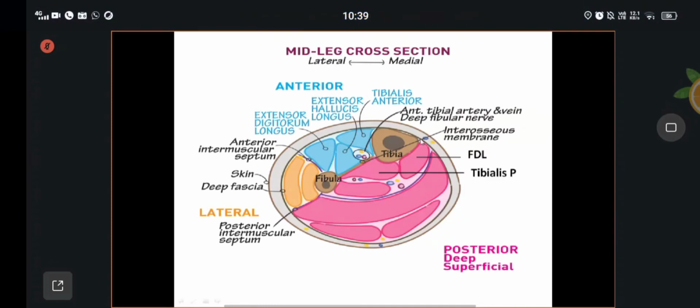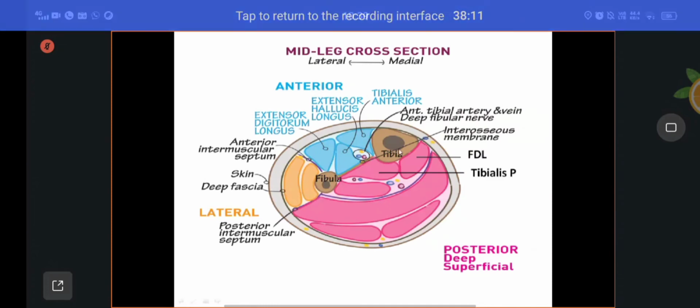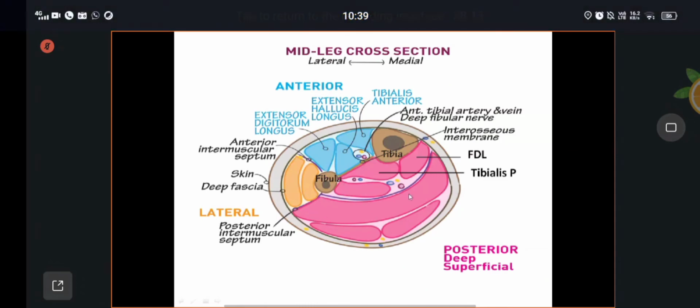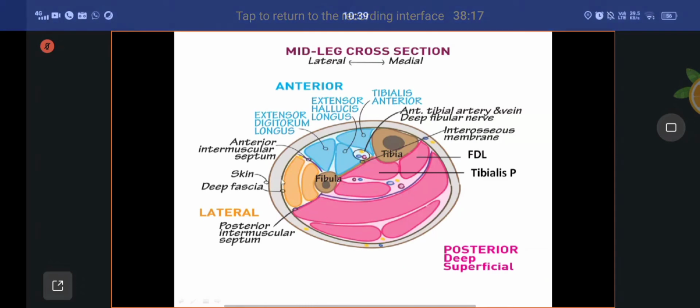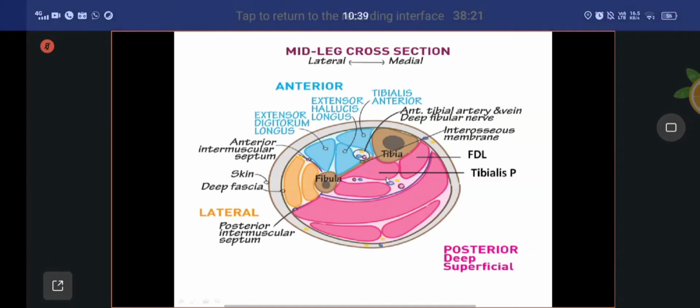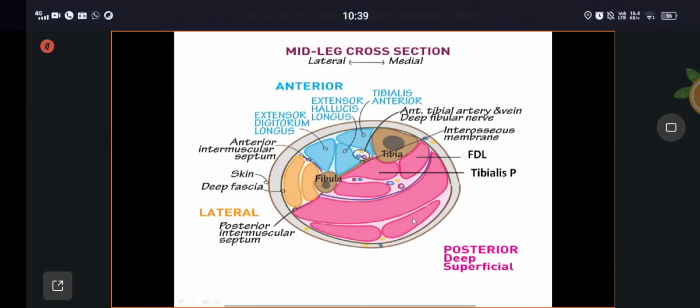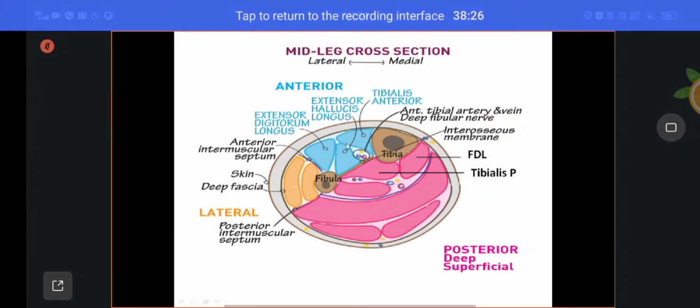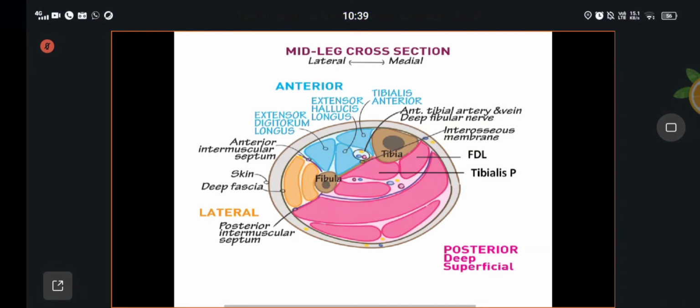In the upper part, there are attachments of three muscles from three different compartments. This lateral border and medial border, with this posterior surface, belong to the posterior compartment of the leg. In the leg, you will have three compartments. The lateral compartment is lateral in position, and the posterior compartment is posterior in position.